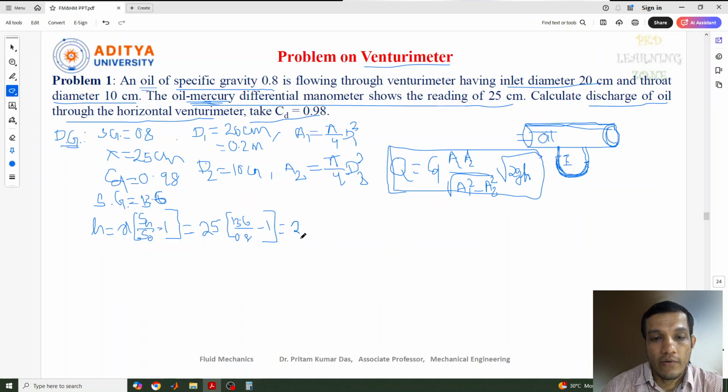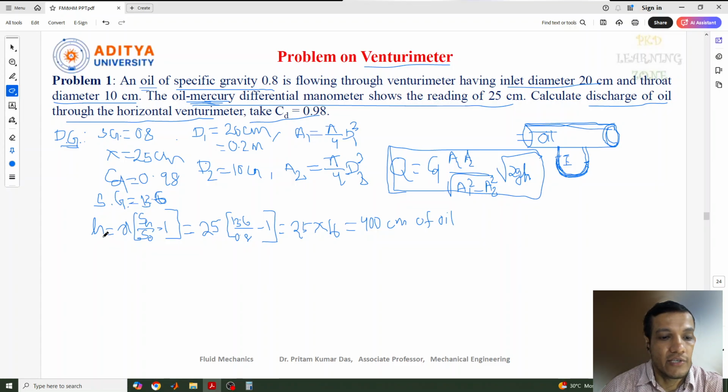So here you will get 25 into 16, which is 400. This is in centimeter. We have not converted into meter, so this is centimeter of oil.